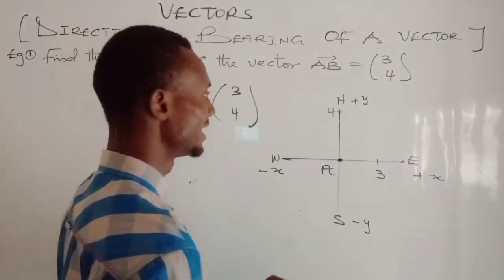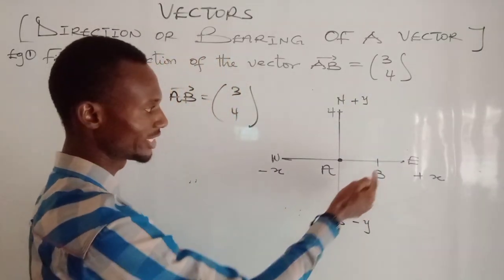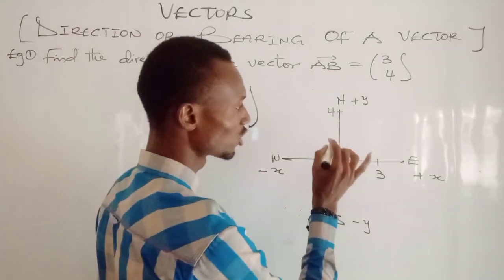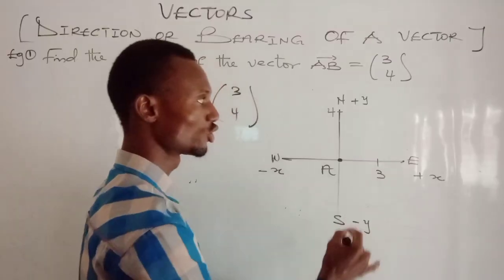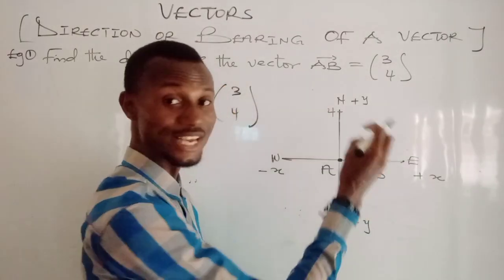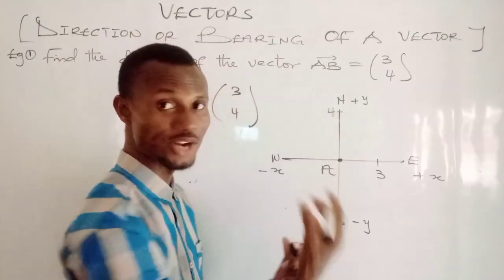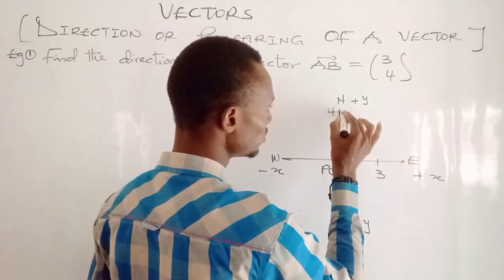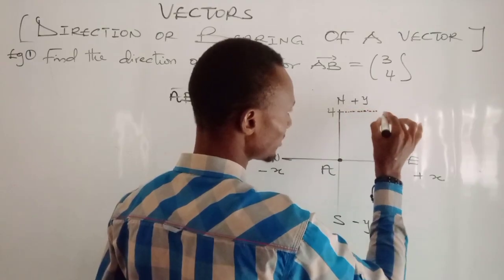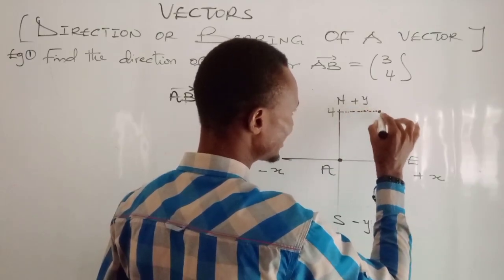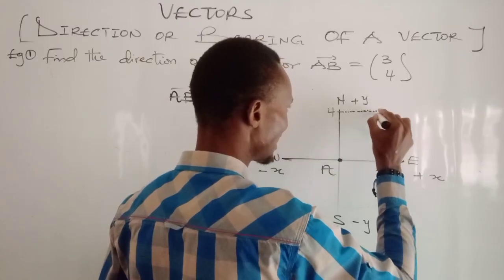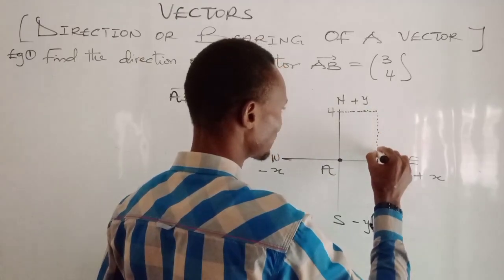I've indicated my points there, which are 3 and 4. Now we are going to draw short dashes to locate where the 2 points meet, which is the 3 and the 4. Where do they meet? So I'm going to do short dashes like this, or points. You can see that the 3 and the 4 meet at this point.